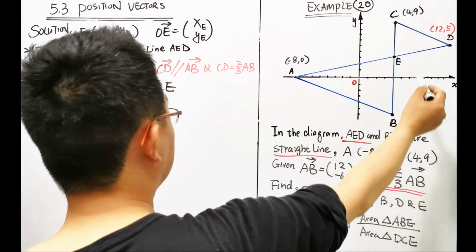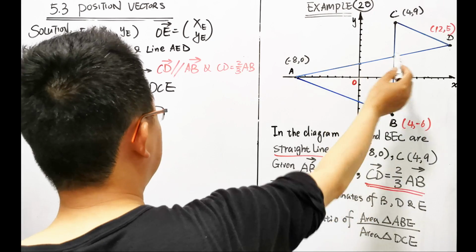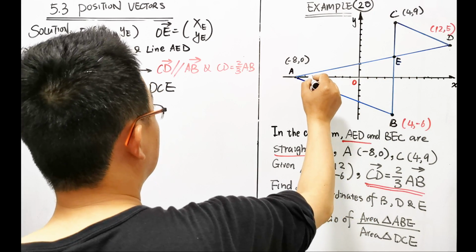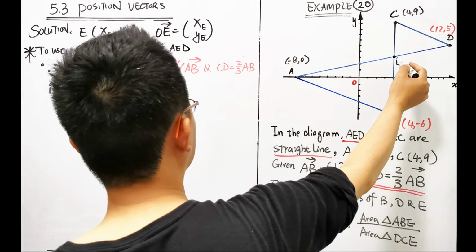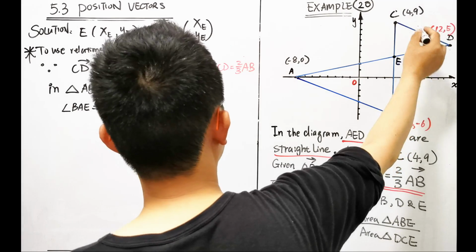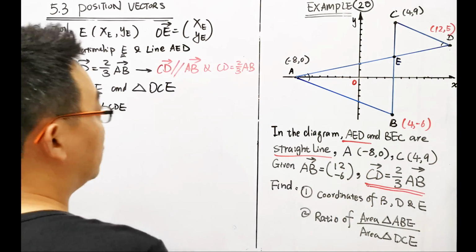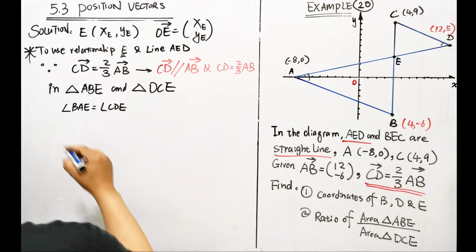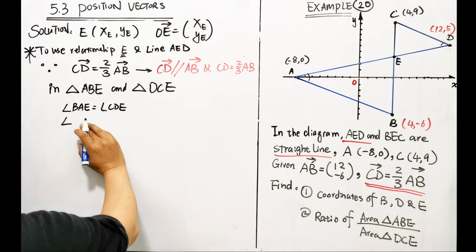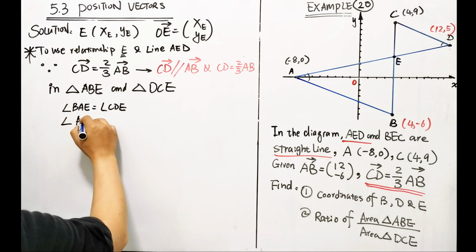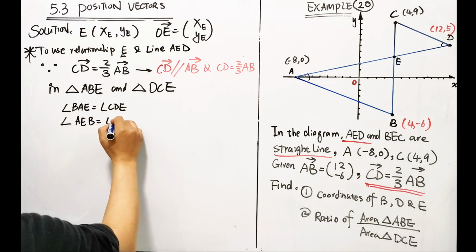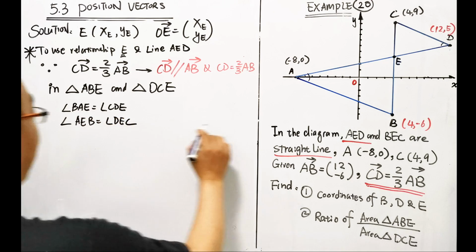This angle BAE is equal to CDE, because they are parallel to each other.